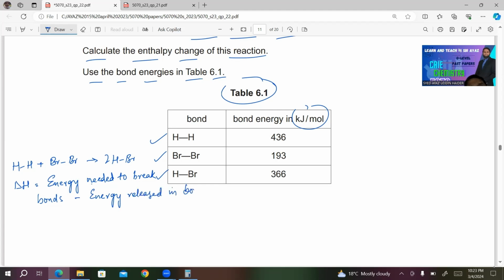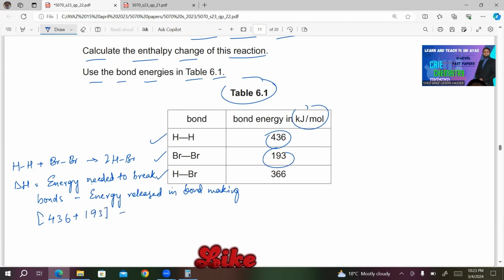in bond making. So we have H-H bond 436, 1 mole of H2 molecule. So I'll write 436 plus Br-Br 193 minus 2 HBr.